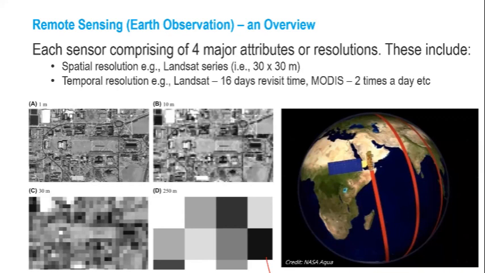In this case, no sensor has both high spatial resolution and, at the same time, high temporal resolution. It's either one has higher spatial resolution and then the temporal resolution may not be as good as in the other one.